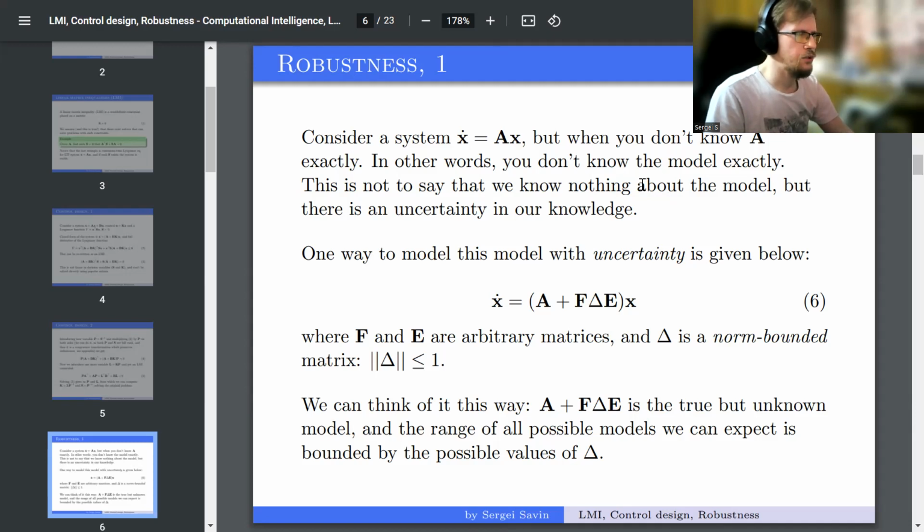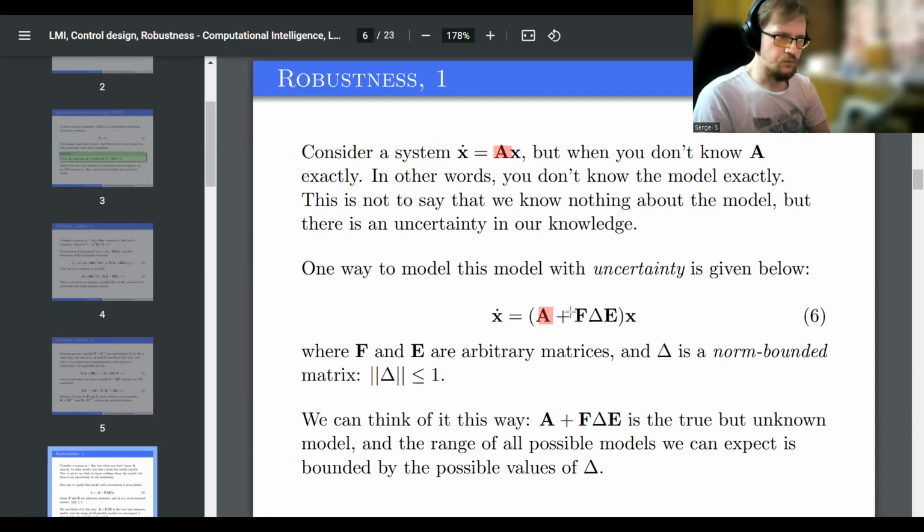Friction may be unknown. All kinds of things are not really known, so it's typical. The way we can write this model is we say here's A, and here's an uncertainty matrix, basically. This is delta A, a component of A which is unknown.